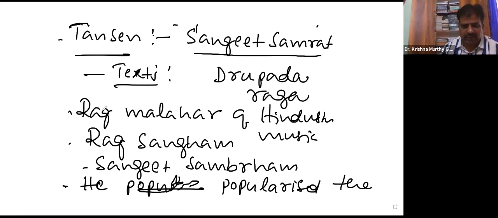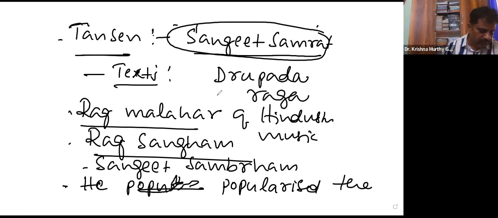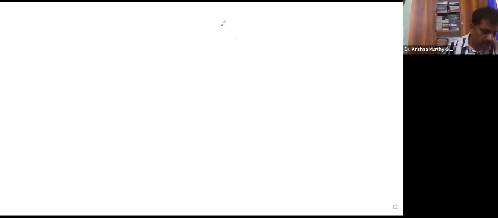That's an important thing. Therefore, Akbar recognized him with the title of Sangeeta Samrat. This is the role of this prominent man in those days. Even after Akbar, Shahjahan also had special interest in music.